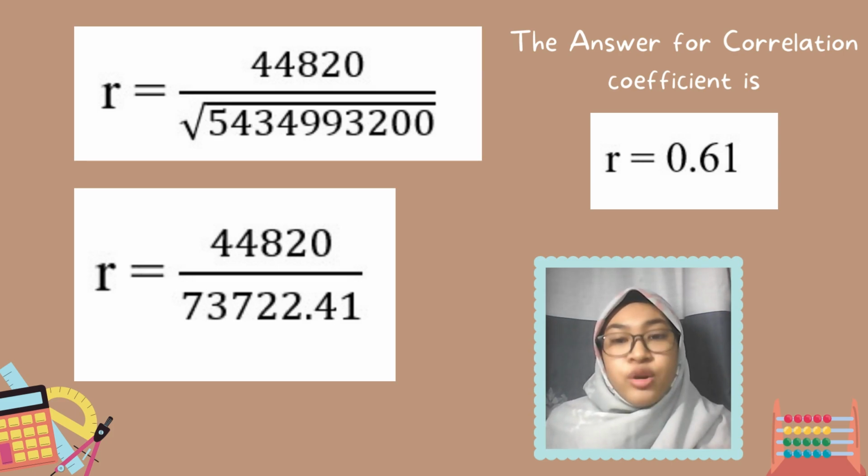Finally, divide 44,820 by 73,722.41, and the value of the correlation coefficient is 0.61. That's all from me.